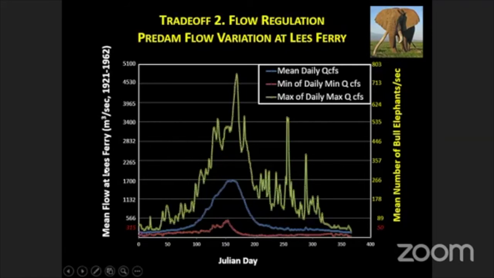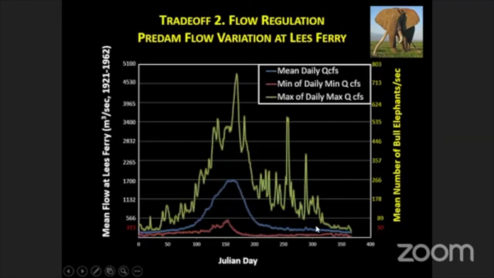Now, these are measured in cubic feet per second or cubic meters per second. Nobody really understands what those are, so I translated this into the mean number of bull elephants per second running by Lee's Ferry. And on average, about 50 bull elephants race past Lee's Ferry every second.